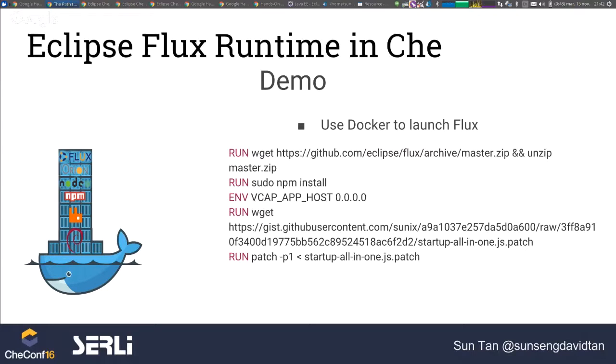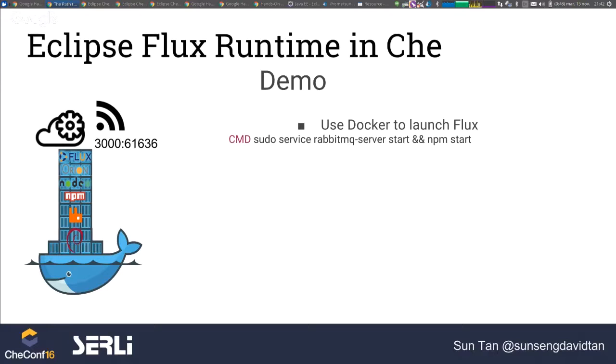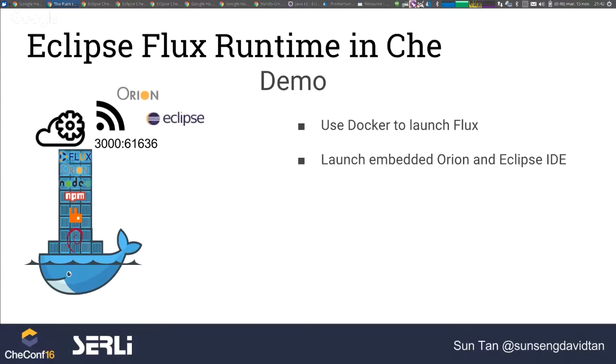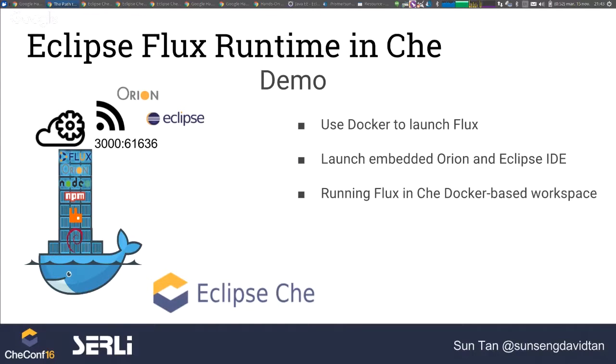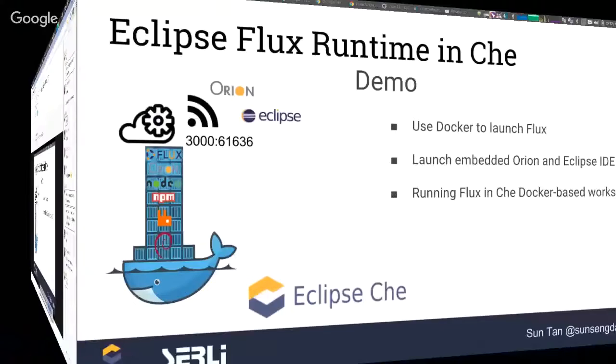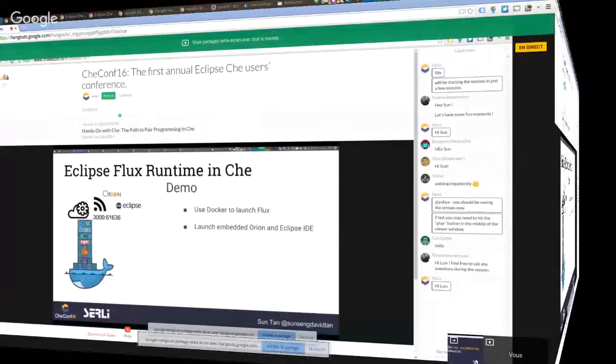Now we can launch it and connect Eclipse Orion and the Eclipse IDE. For this first demo, I'm going to start the Docker as a Che runtime. So let's go for the demo.